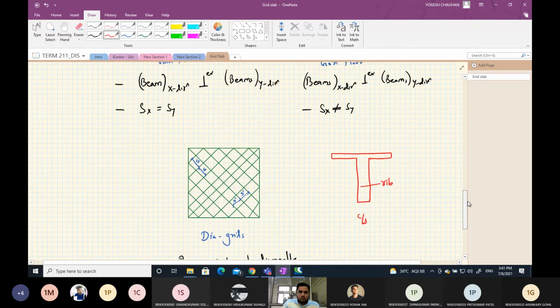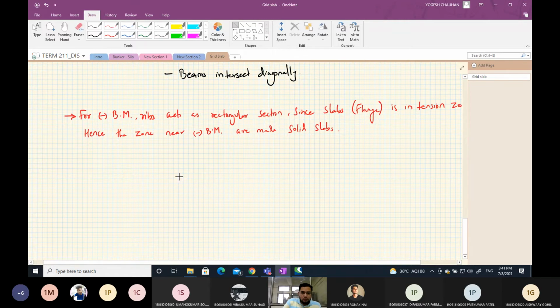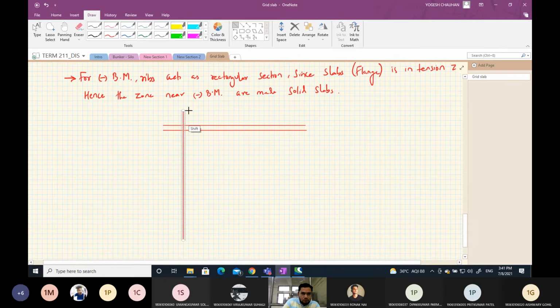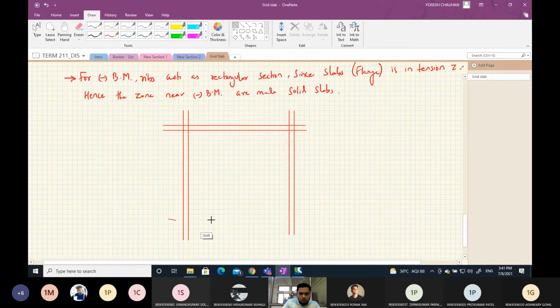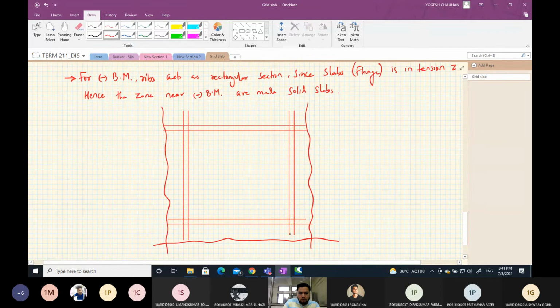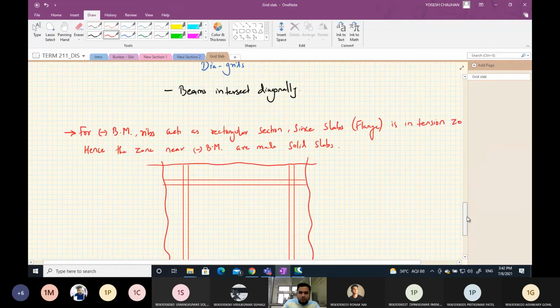So let us say this is a beam, another beam. Consider this panel.